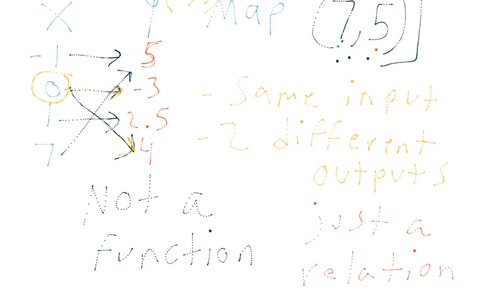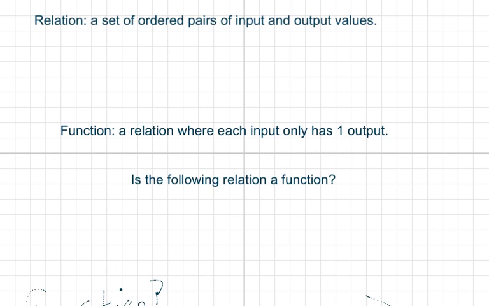A couple more things, and I'm done. This time, instead of giving you a bunch of points, I gave you a graph. Again, x goes left and right, y goes up and down. Is this a function or not? I'm going to use what's called the vertical line test to figure this out. I'm going to draw a vertical line here using this red color.